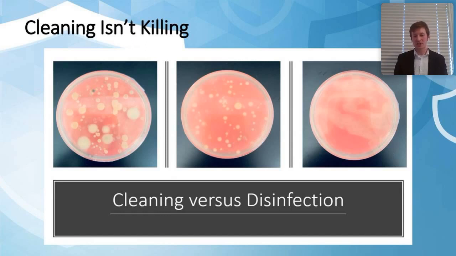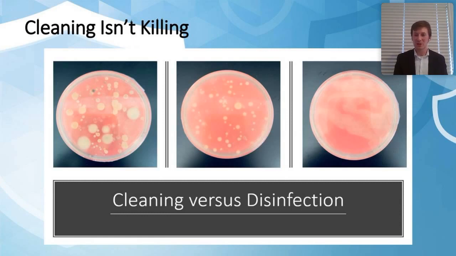Just to show an example of what this looks like almost at the microbial level, on the far left is a plate that was taken from a surface that had not been cleaned, so prior to cleaning, and you can see quite a fair amount of contamination on there. The middle plate is after having cleaned the surface, but not disinfected it.